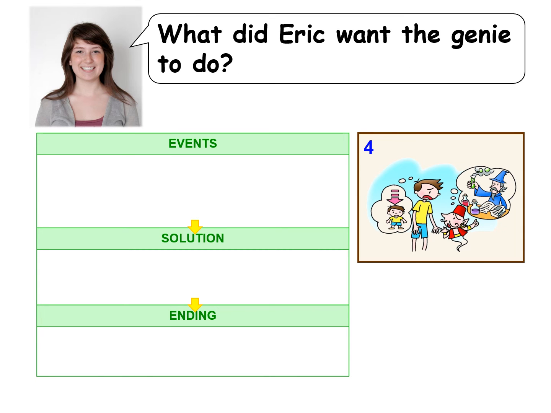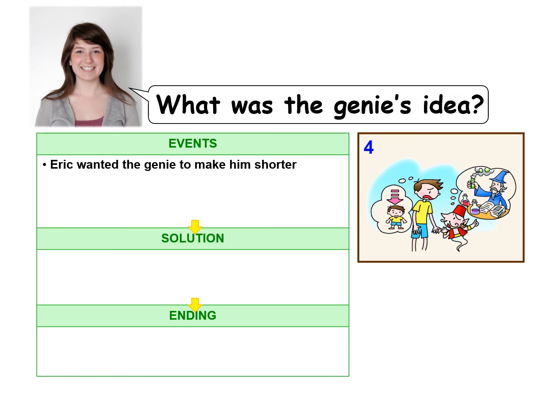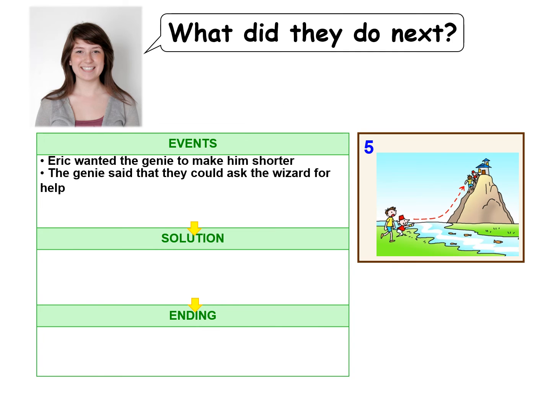Here are some examples of possible answers to the questions. What did Eric want the genie to do? Eric wanted the genie to make him shorter. What was the genie's idea? The genie said that they could ask the wizard for help. What did they do next?